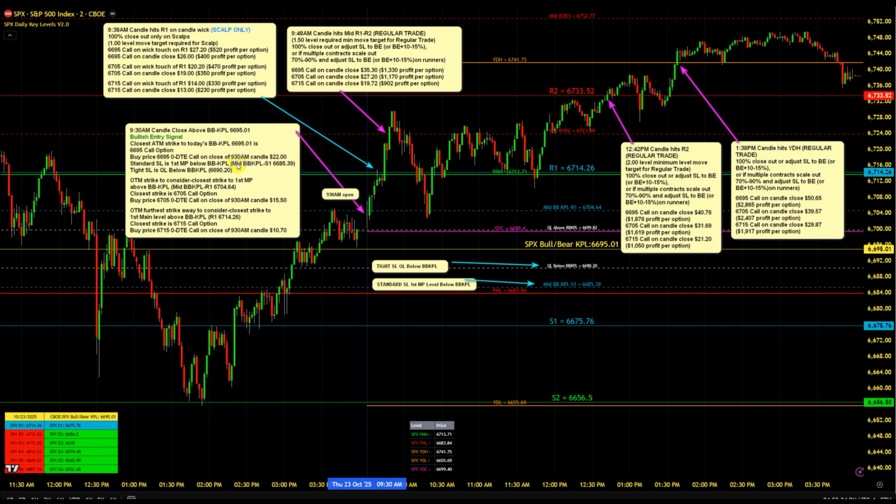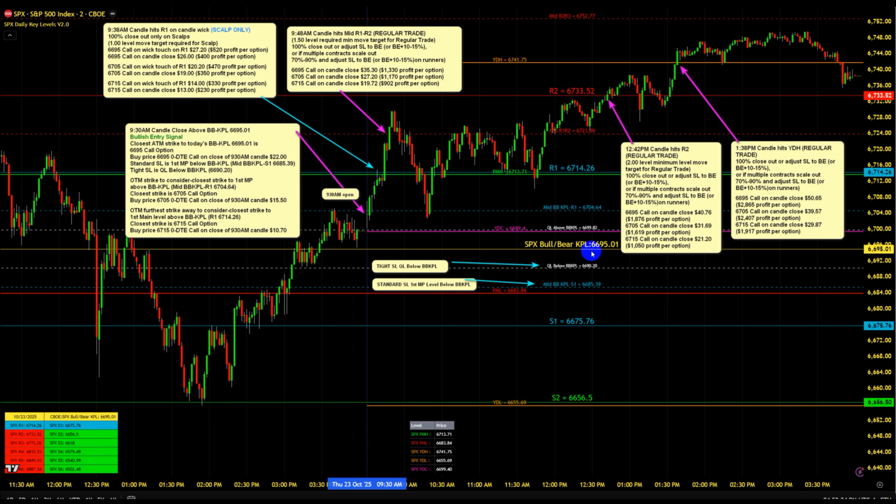Okay, so what is the process of the 2 other strikes you can consider on this same trade? All right, so it works the same on any level that you're trading. First, is it a bullish or bearish trade? Okay, it's a bullish trade in this case. If it's a bullish trade, then you look to the first midpoint above the main level you're trading.